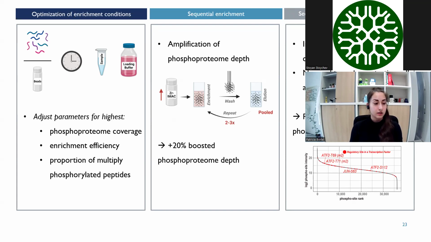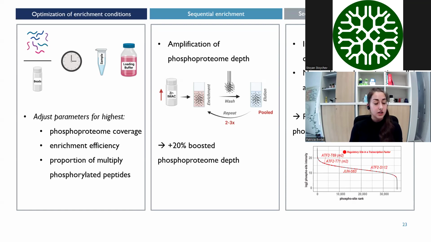And we advise users to adjust their parameters for either the highest phosphoproteome coverage, enrichment efficiency, or proportion of multiply phosphorylated peptides. During the sequential enrichment evaluation, we saw that such approaches can definitely significantly amplify the phosphoproteome depth.